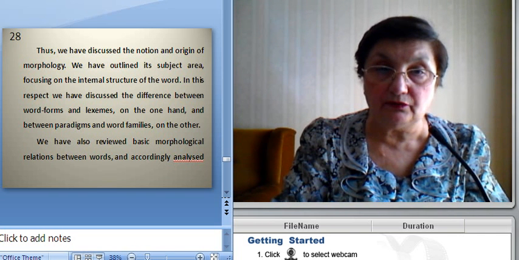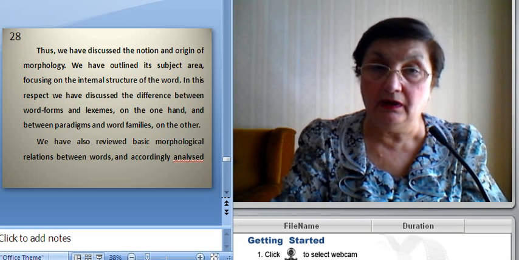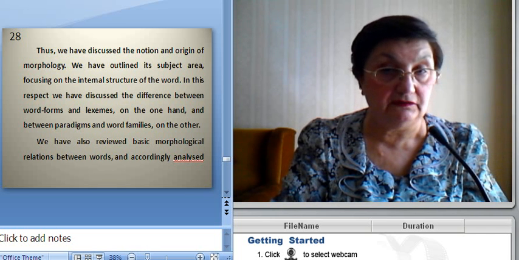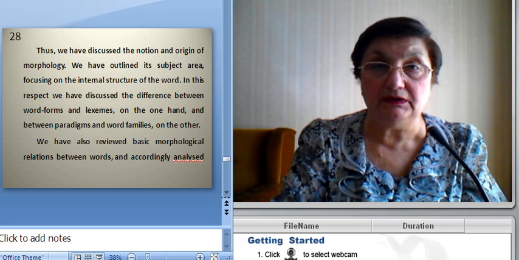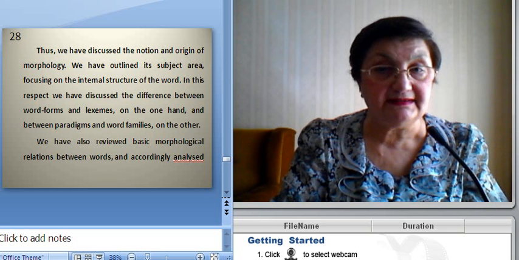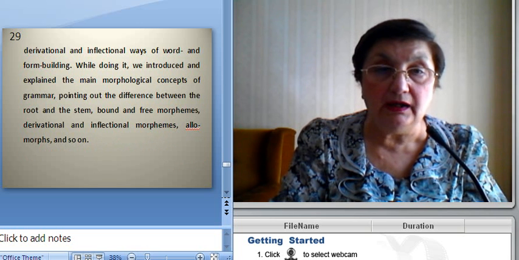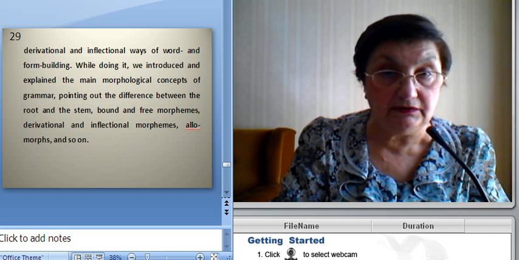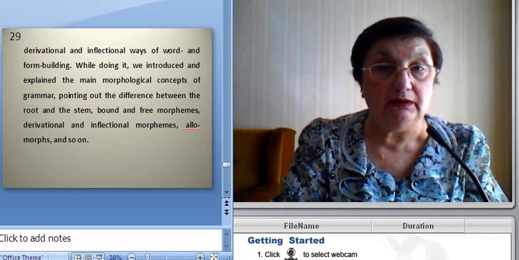We have also reviewed basic morphological relations between words and accordingly discussed and analyzed derivational and inflectional ways of word and form building. While doing it, we introduced and explained the main morphological concepts of grammar, pointing out the difference between the root and the stem, bound and free morphemes, derivational and inflectional morphemes, allomorphs, and so on.